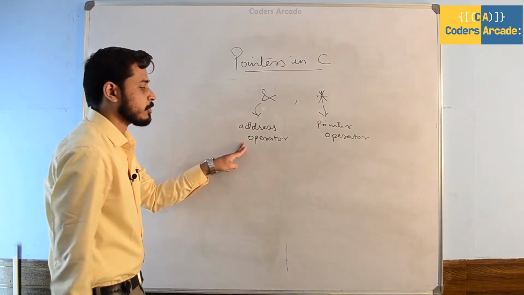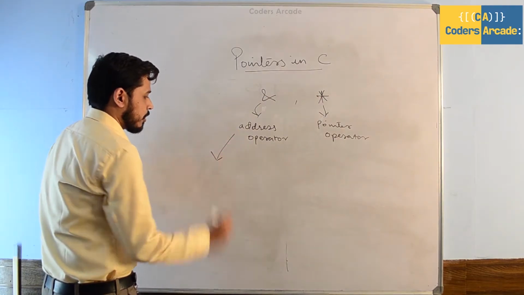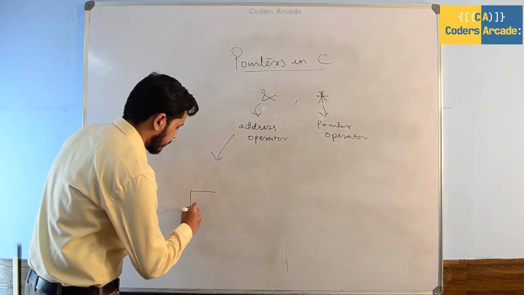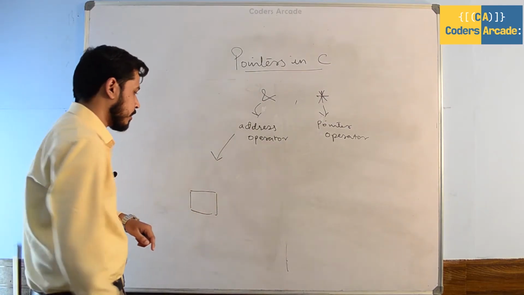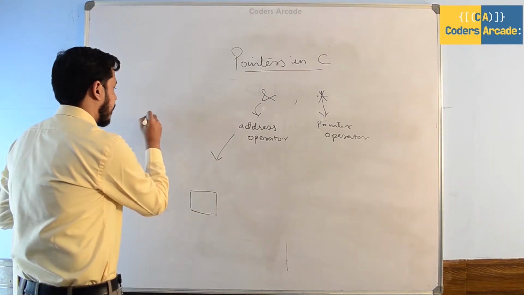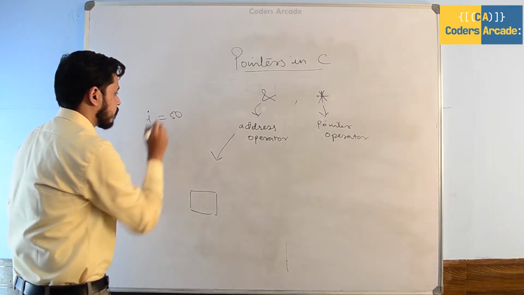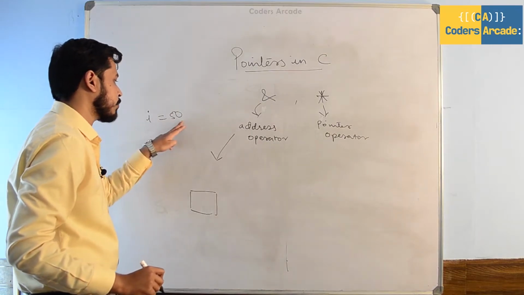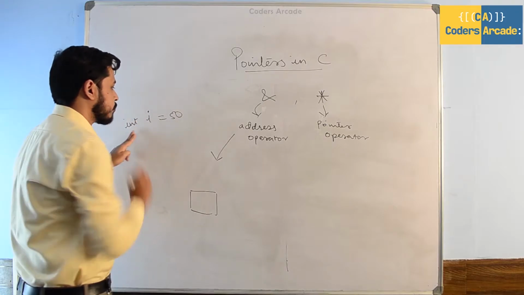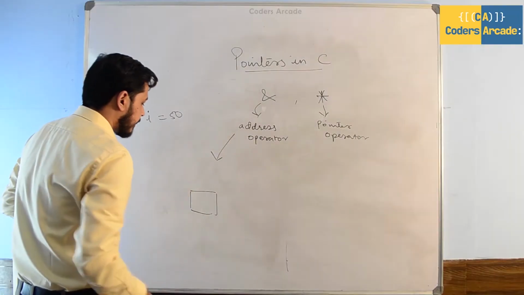So what does this address operator do? Suppose this is the memory location. Suppose we have declared int i equals to 50. What is happening here?